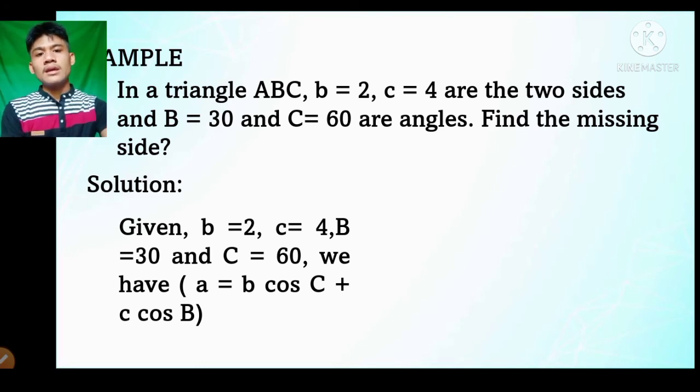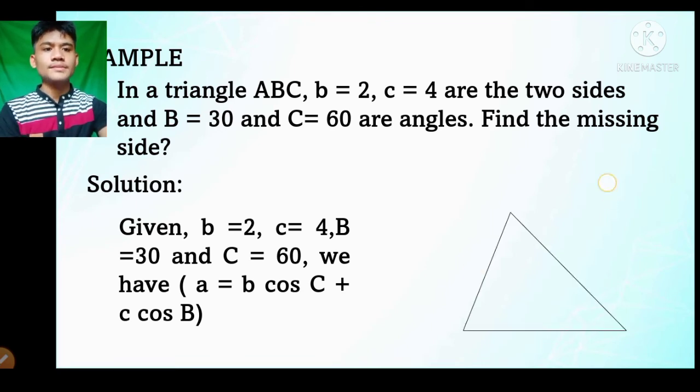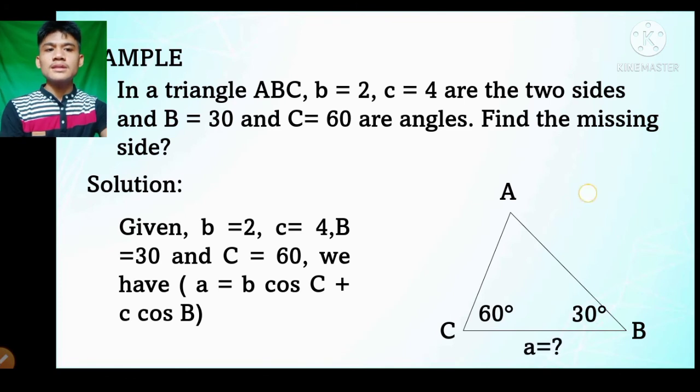We have this formula since the missing side is a: a is equal to b cos C plus c cos B. Assume that it is the triangle with angle B equal to 30 degrees and angle C equal to 60 degrees.